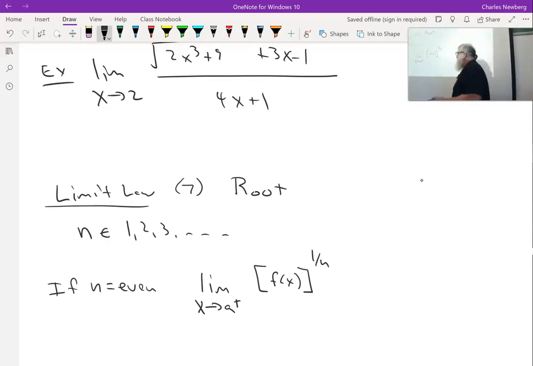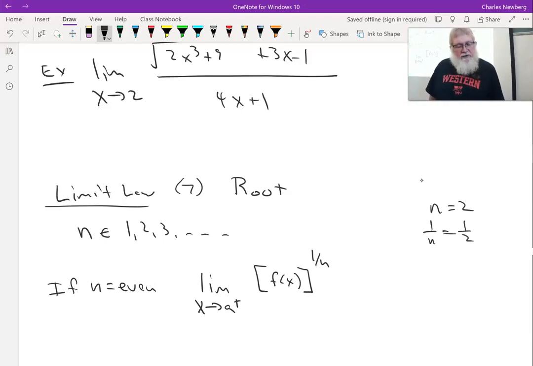I'll let you copy this down and I'll talk about what we really have going on here. Probably not my favorite way I've ever seen this law written, but it's how this author writes it. This is probably my second favorite calc book to teach out of, but more of the department likes this one than my favorite. So if n is 2, then 1 over n is 1/2.